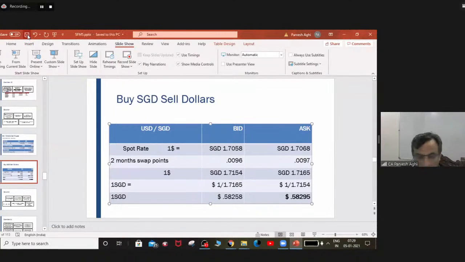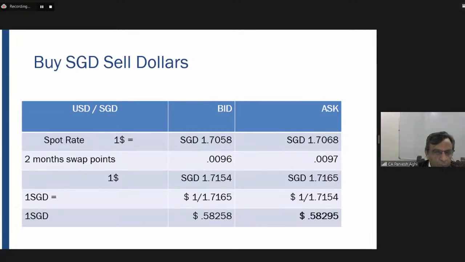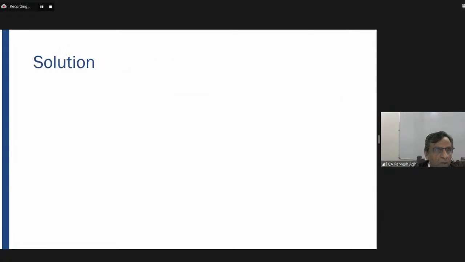So that means 1 Singapore dollar would be $0.58258 and $0.58295. Since we want to buy the Singapore dollar, the quote should be 0.58295. So 1 Singapore dollar will cost you that much when you buy it.